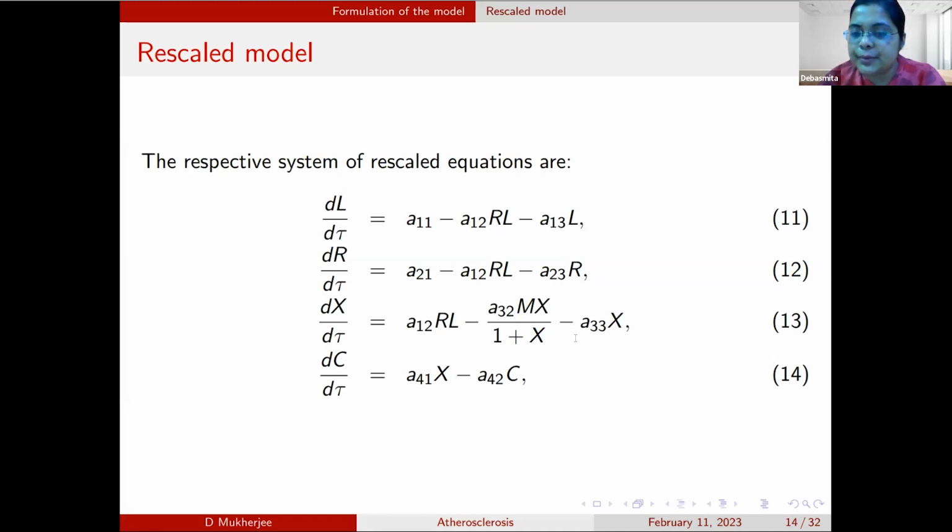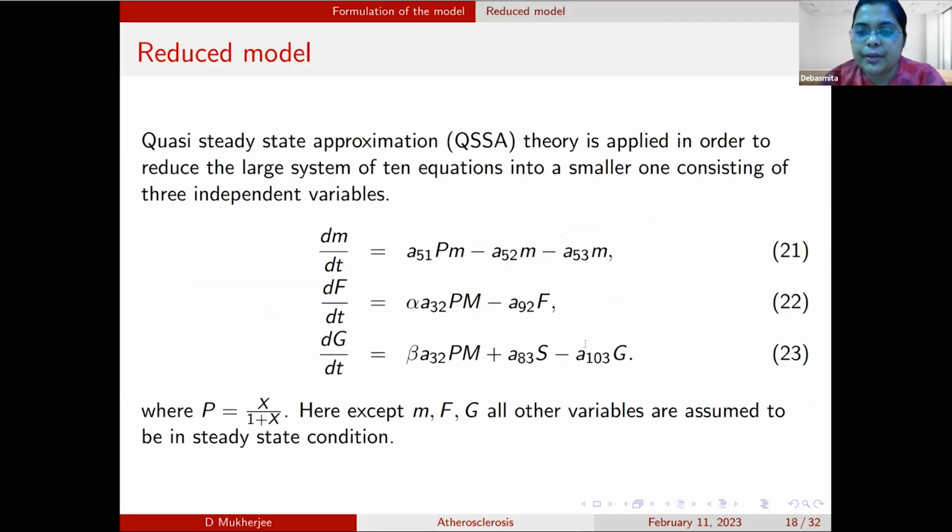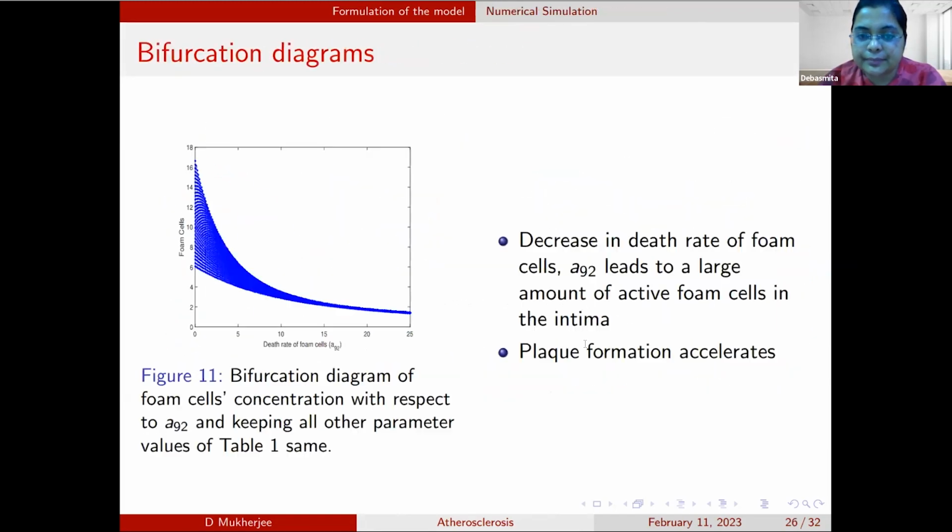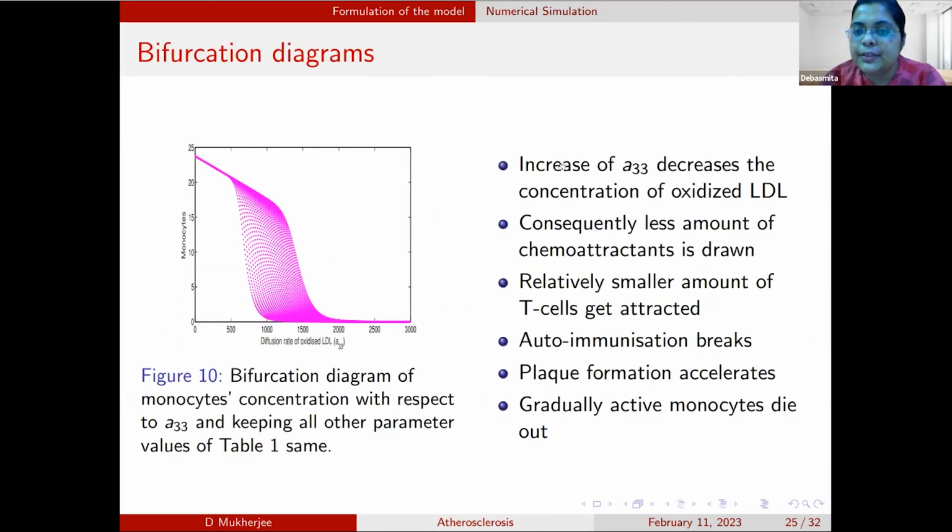Okay, so with respect to A33, we have found a bifurcation. It says that if A33 increases, it will decrease the concentration of oxidized LDL, and hence it will secrete less chemoattractant.